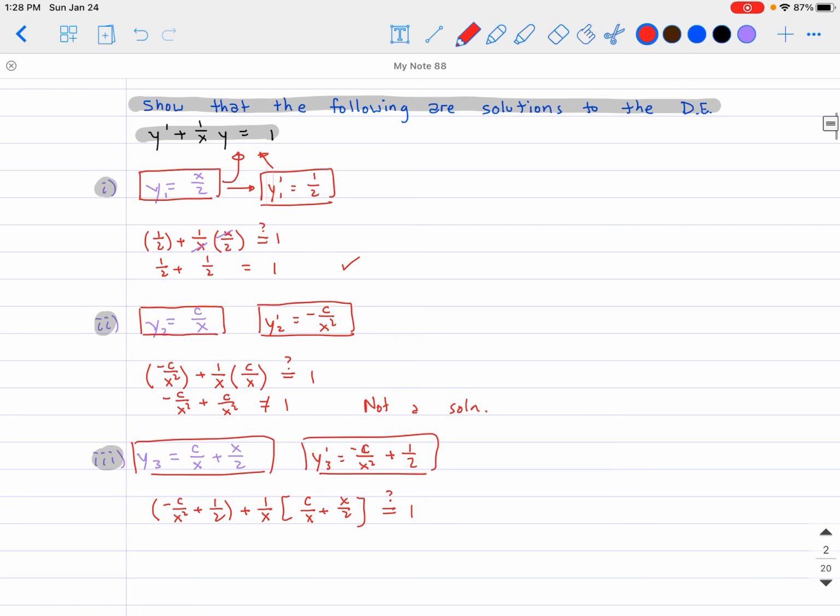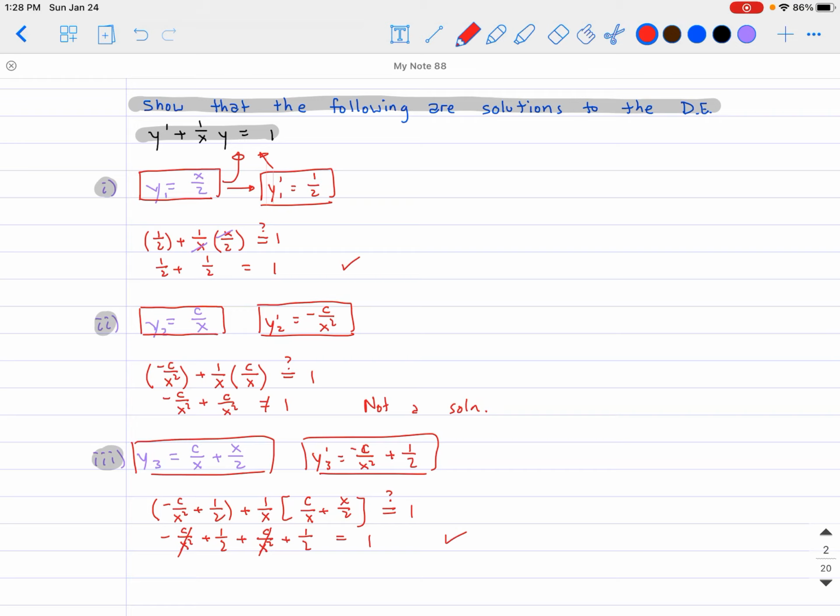And does that equal 1? Cleaning up the math a little bit, we have negative c over x squared, plus 1/2, plus c over x squared, and then plus 1/2 in this case. The c over x squared cancels out, so 1/2 plus 1/2 is equal to 1. So that's going to be a solution, right?